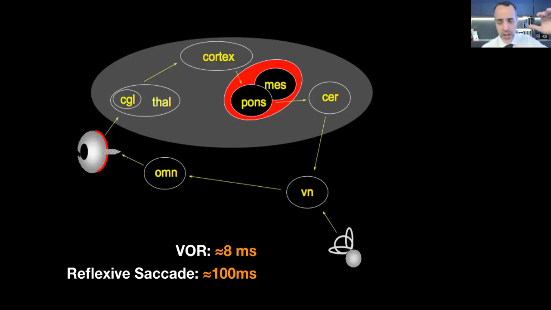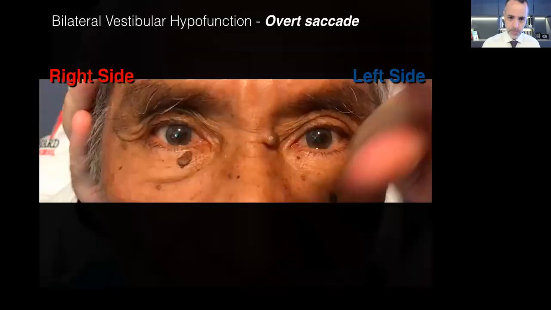So it's a very fast phase. When you have a saccade, the input of the saccade is visual. So it needs to come from your eyes, go to your cortex, go to your brainstem, cerebellum, vestibular nuclei, ocular motor nuclei, and then go to the eye. So this trajectory takes about 100 milliseconds, much slower than the VOR reflex latency.